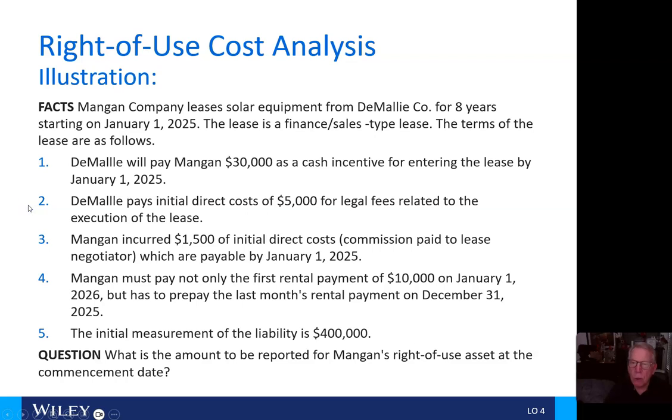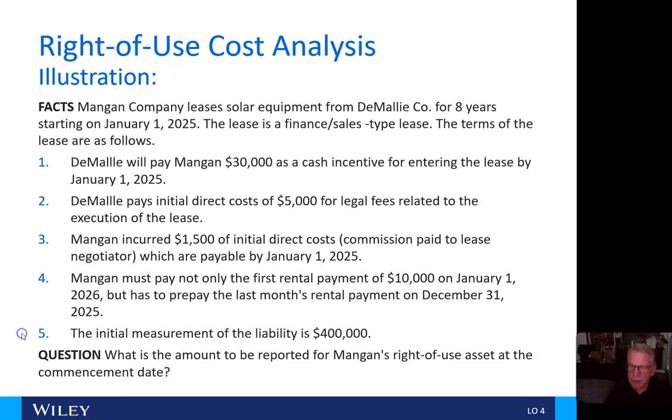2, DeMalley pays initial direct costs of $5,000 for legal fees related to the execution of the lease. Number 3, Mangen incurred $1,500 of initial direct costs, that's commissions paid to the lease negotiator, which are payable by January 1, 2025. 4, Mangen must pay not only the first rental payment of $10,000 on January 1, 2026, but has to prepay the last month's rental payment on December 31, 2025.